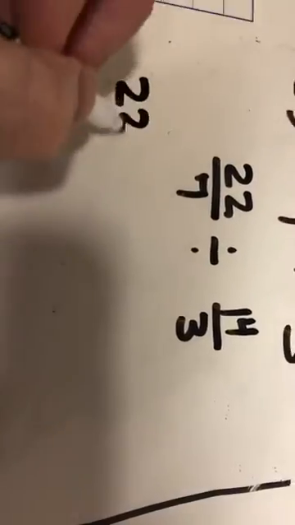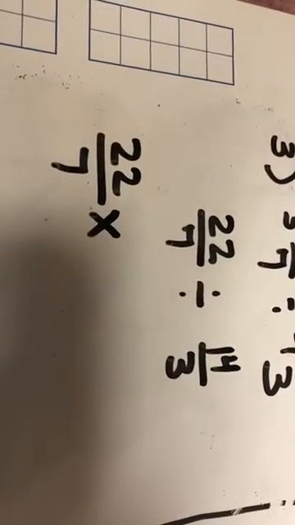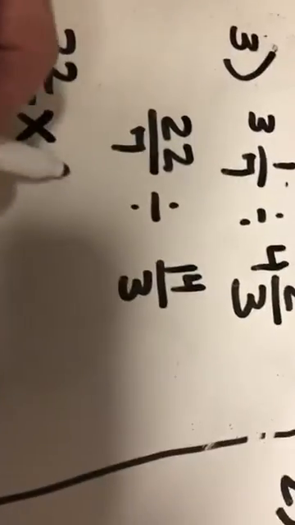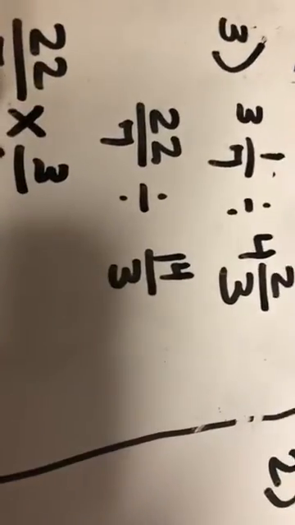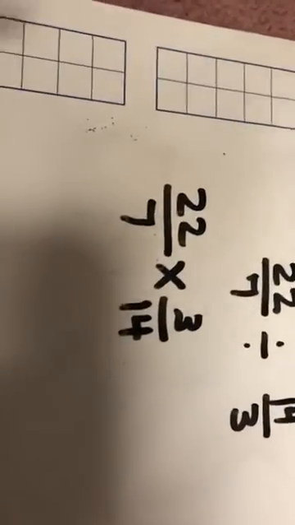Now I have to make it a multiplication problem. The 22 over 7 stays 22 over 7. The division sign becomes a multiplication sign. The 14 over 3 becomes 3 over 14.